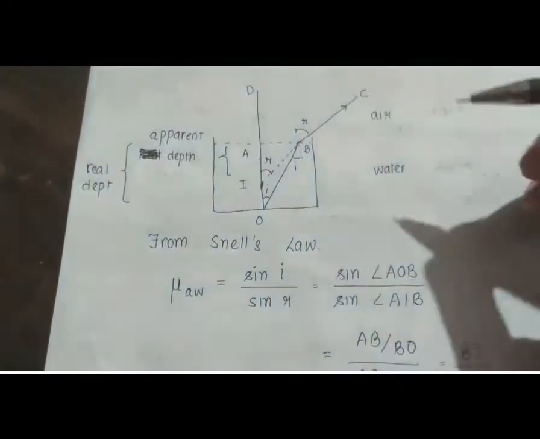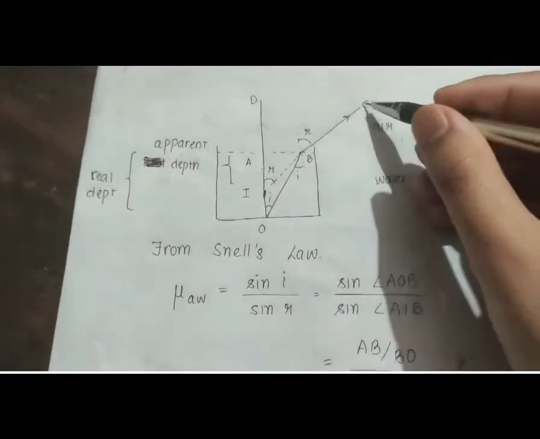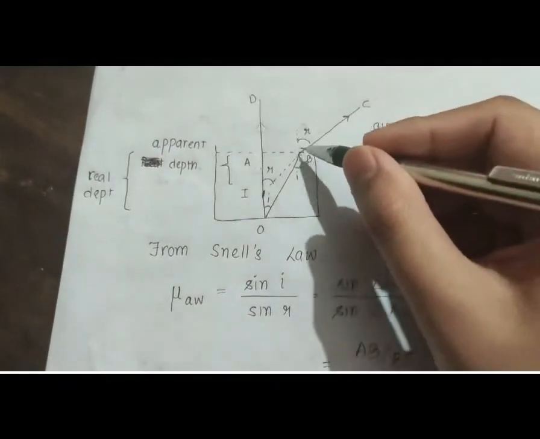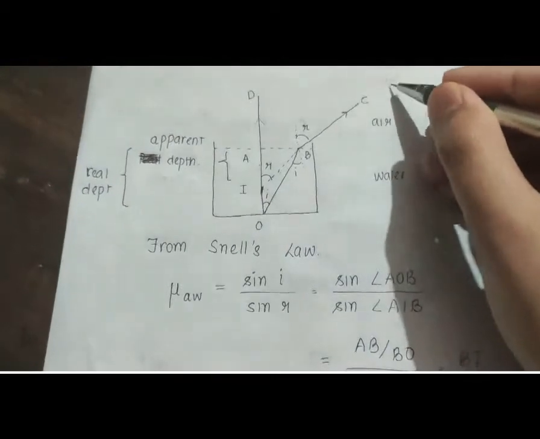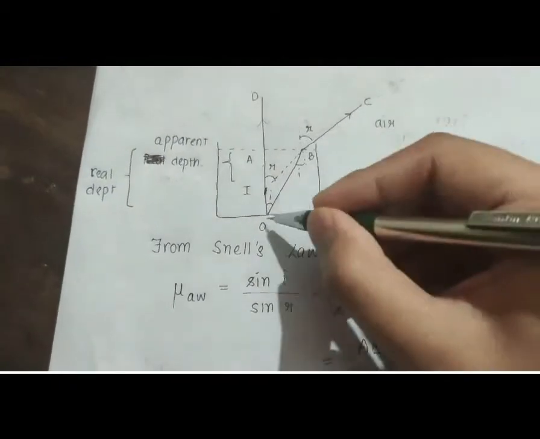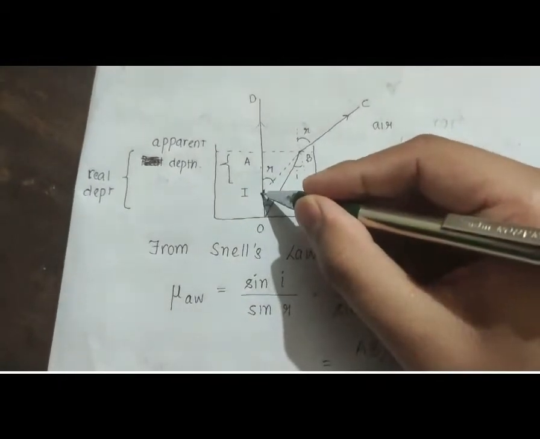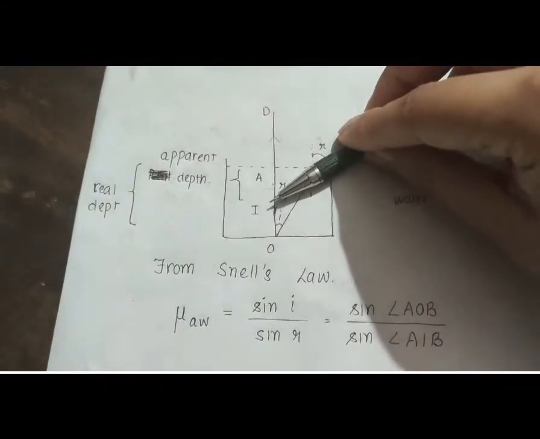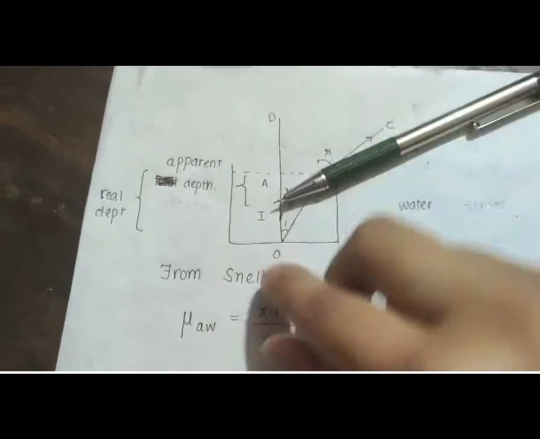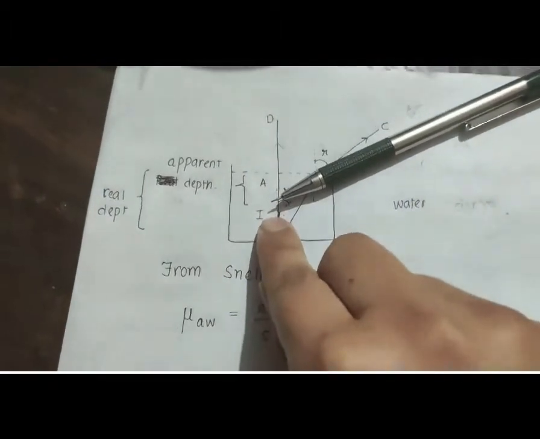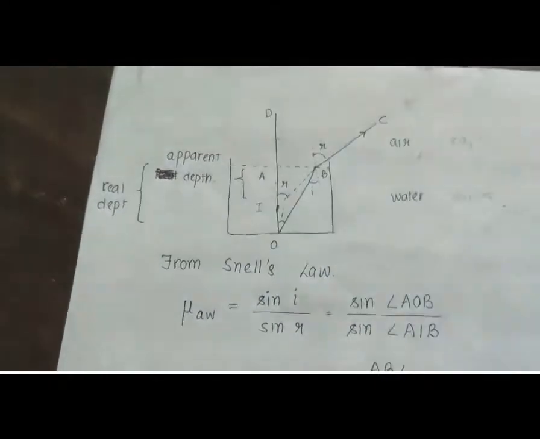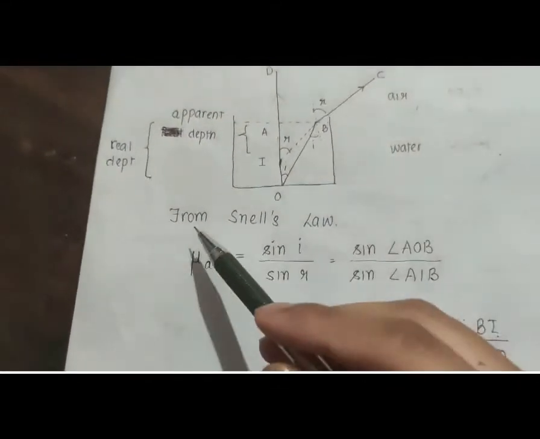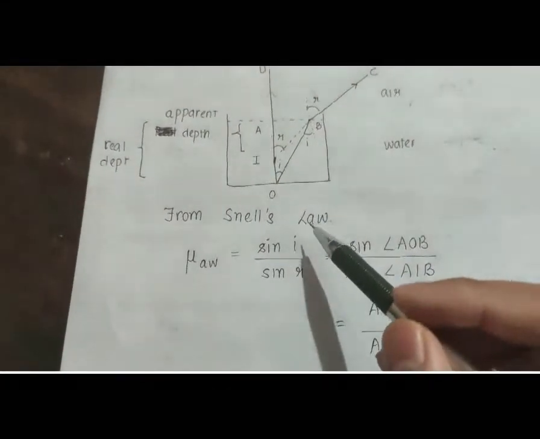Now for a normal human eye, we see only the lights in a straight line. So we will assume that this point lies somewhere at this point I. For him, this O will be somewhere at I. Is it clear?